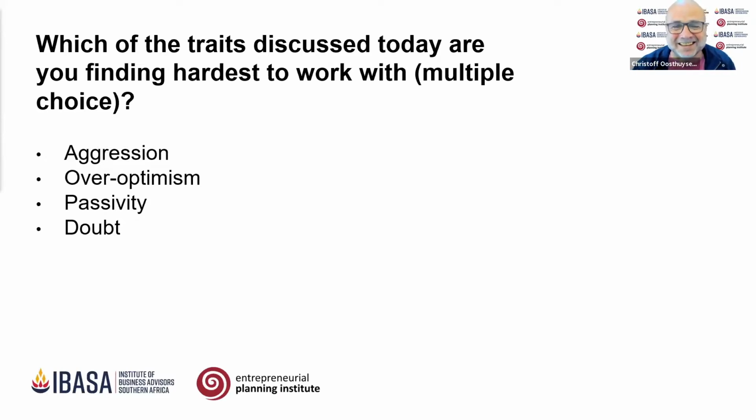Yeah. So aggression, about half of people are dealing with aggression as the main one, but then over optimism and passivity are also scoring strong. Is that common, Lucille? Aggression, absolutely. Especially if we look at 2020, we have to look at the current context. 2020 has pushed business owners to their limit in terms of stress and strain.